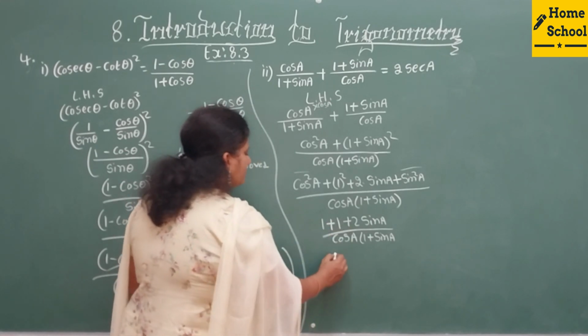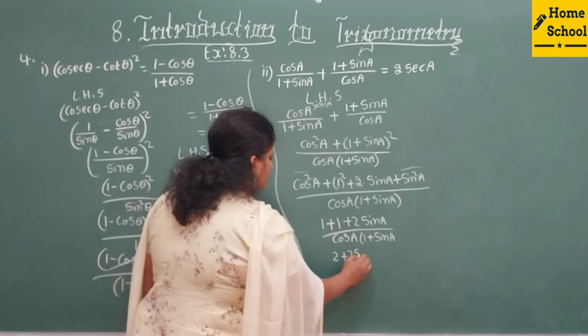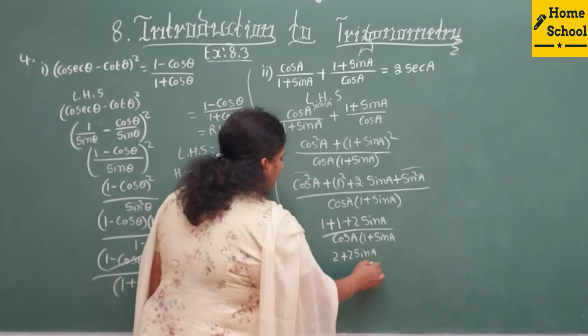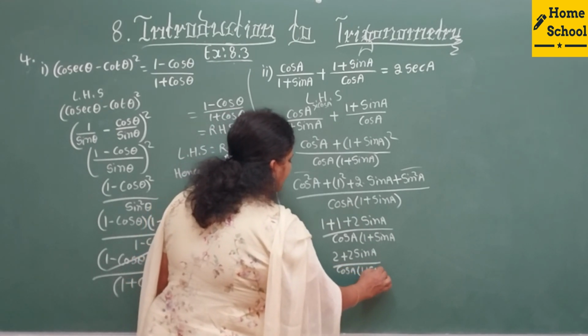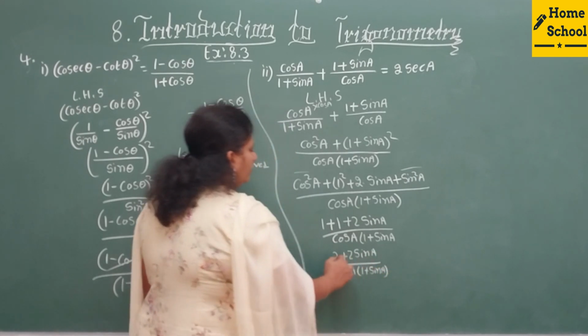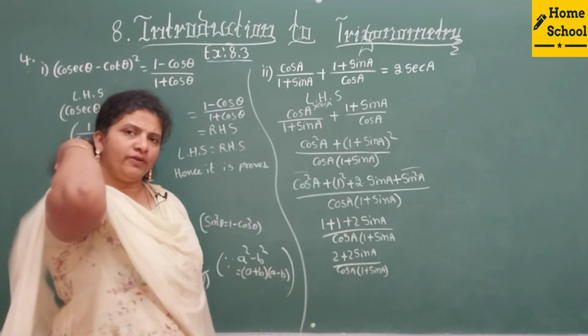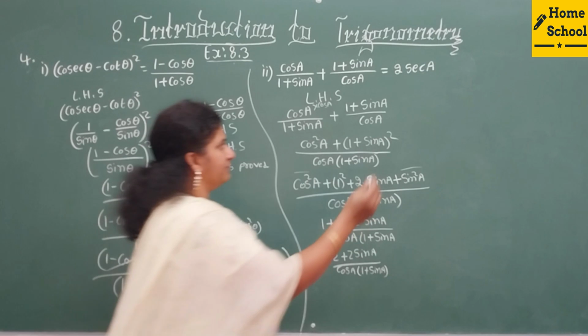That will be 1 plus 1 is 2, 2 plus 2 sin A by cos A into 1 plus sin A. In the numerator, 2 is common: 2 plus 2 sin A, 2 is common.